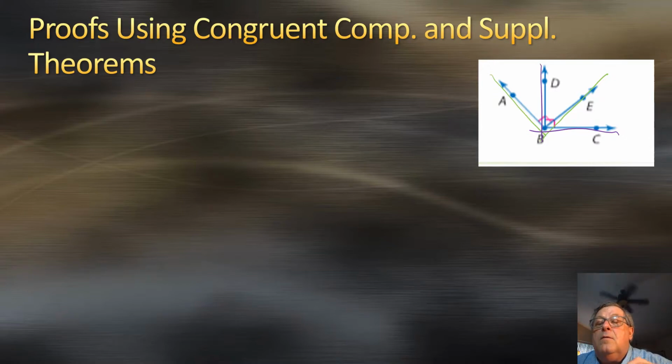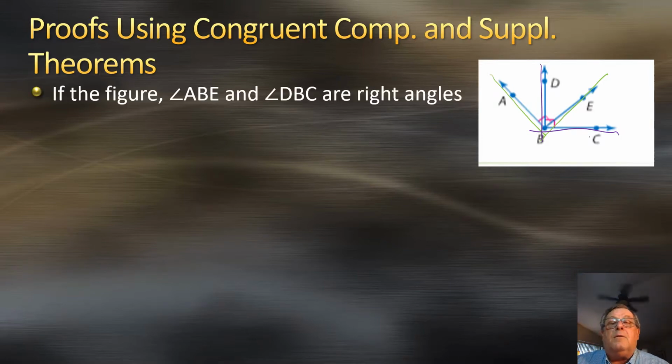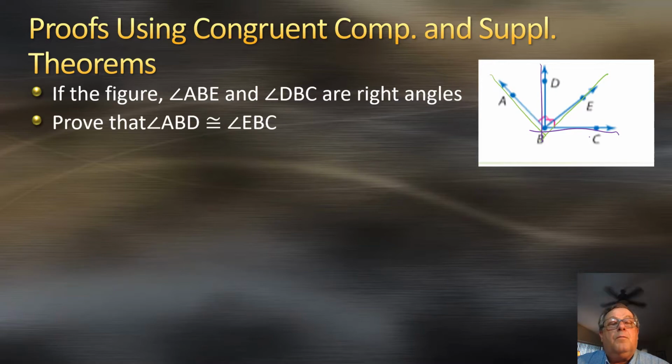Let me just pull in some of the stuff here. So, if the figure has angle ABE and DBC as right angles, then prove that ABD and EBC are congruent.